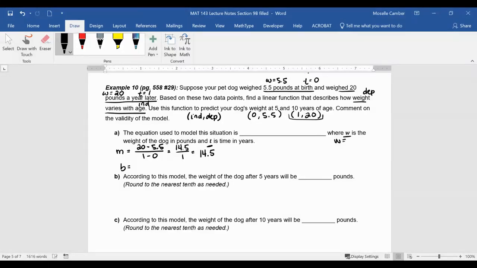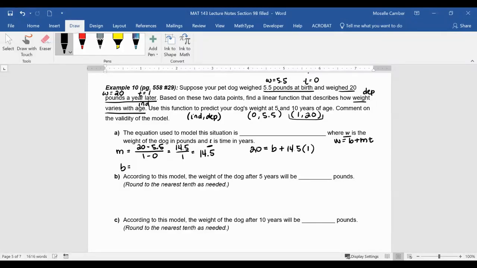So normally it would be this, right? So the weight is going to be my initial plus my slope times my t. So I'm going to plug in what I know. So I know that at 20 pounds, it was my initial, which I am assuming I don't know at the moment. And I've increased my 14.5 pounds, and I've done that for 1 year.